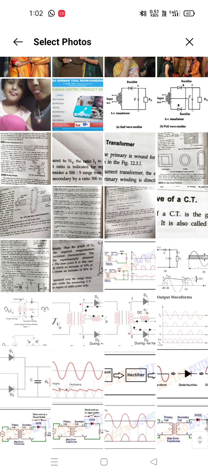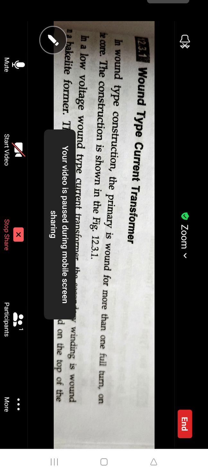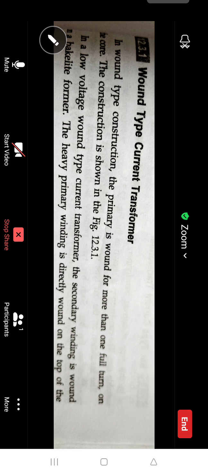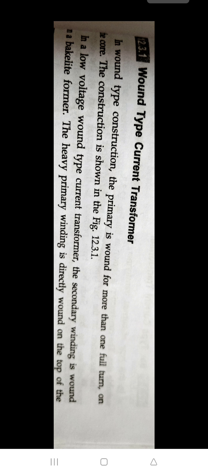Now we will see the construction of the current transformer. There are two types of transformer, wound type and bar type. First we will see the wound type current transformer. The type name depends on how we connect the primary.